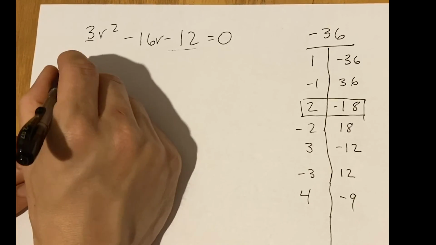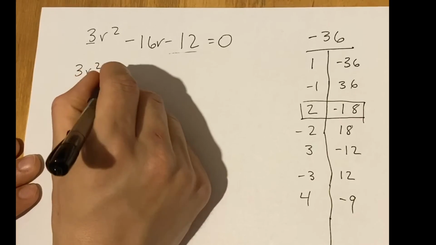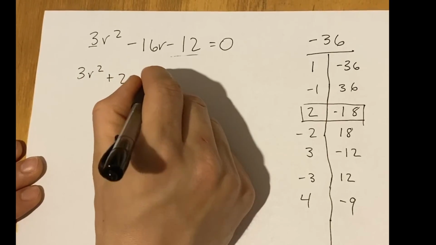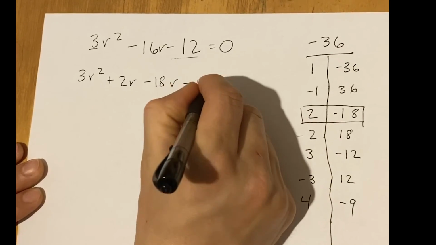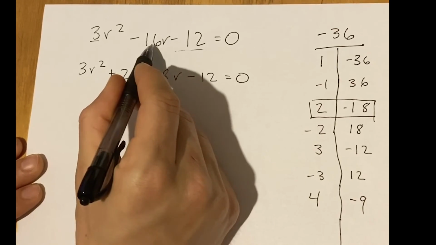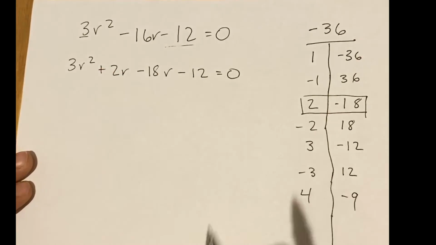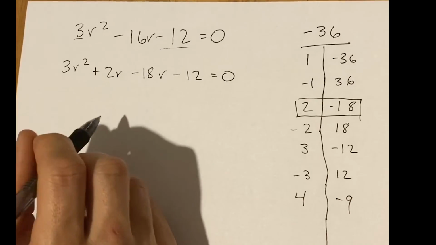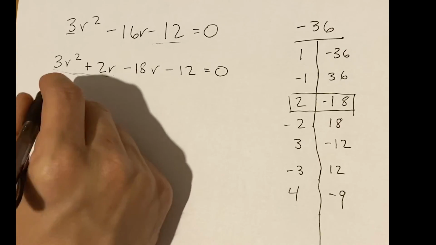So we split this: 3r squared plus 2r minus 18r minus 12. I've just taken this 16 and split it into a positive 2 and a negative 18. Now I'm going to factor these two right here.